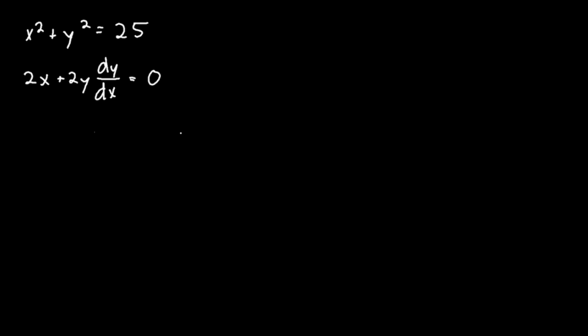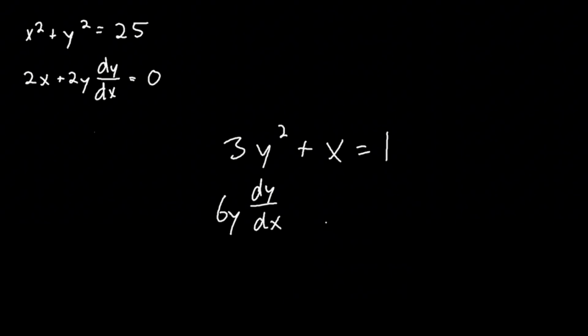Just multiply by it. So if you have like 3y squared plus x, you want to take the derivative of this using implicit differentiation. Oh, there's a y here. Okay. Take the derivative of this, power rule, 6y, right? Bring down the 2, subtract the exponent by 1, and then multiply by dy over dx.